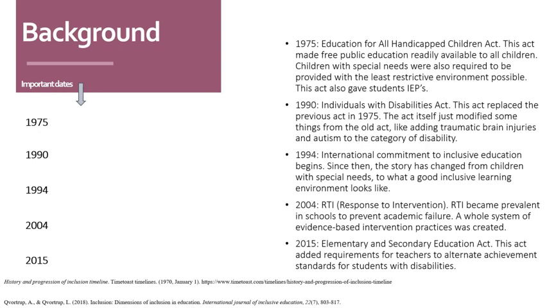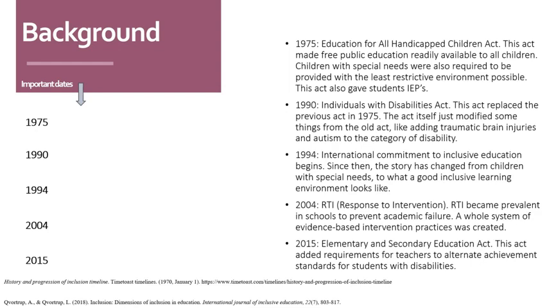Instead of rooting out certain students who have special needs, we started to push forward to what makes a good inclusive learning environment. The act really emphasizes good classroom management skills and what a good environment would look like.